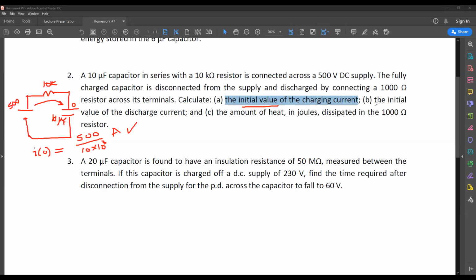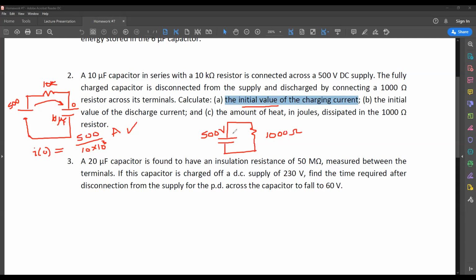The second question is asking about the initial value of the discharge current. The discharge current is a different circuit. And please, when you have a problem where the charging circuit is different from the discharging circuit, draw the discharging circuit separately. So you now have this same capacitor with 500 volts connected across a resistance of 1000 ohms.